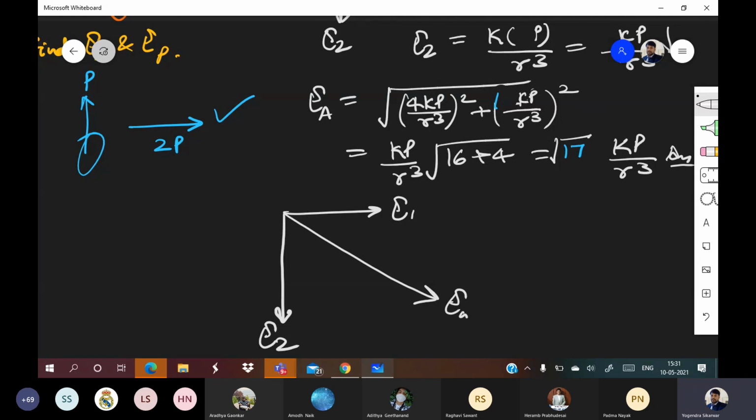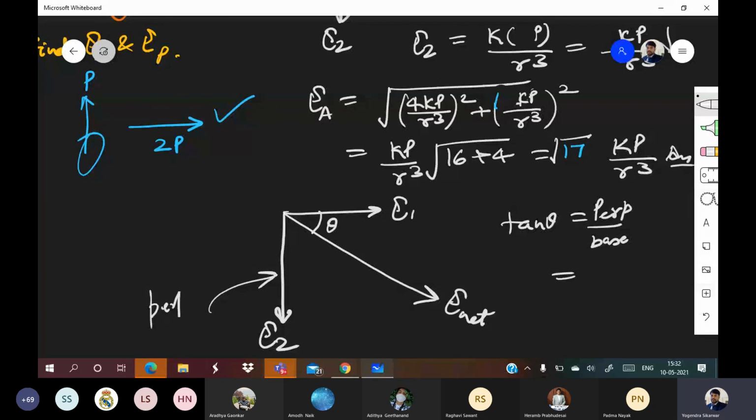You want to know the direction of E net. Suppose this angle is theta. Tan theta is perpendicular by base.